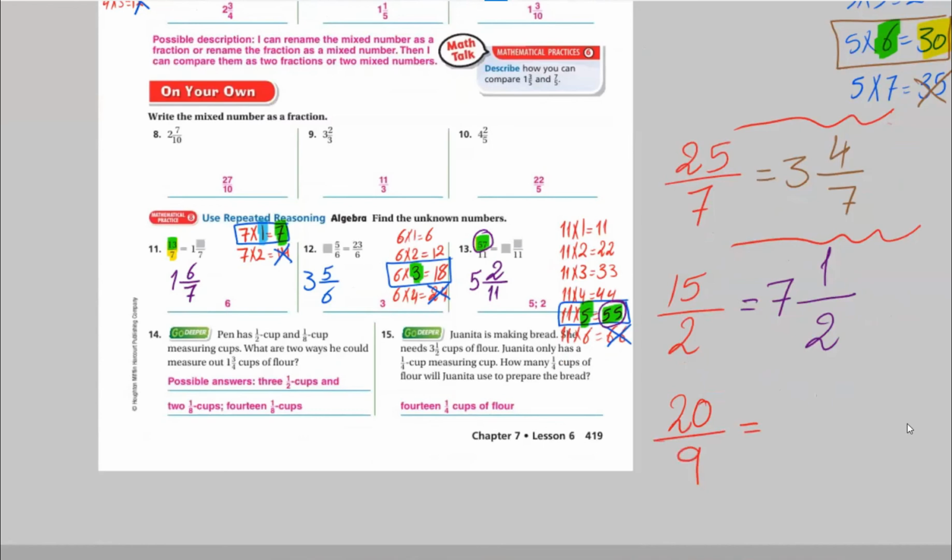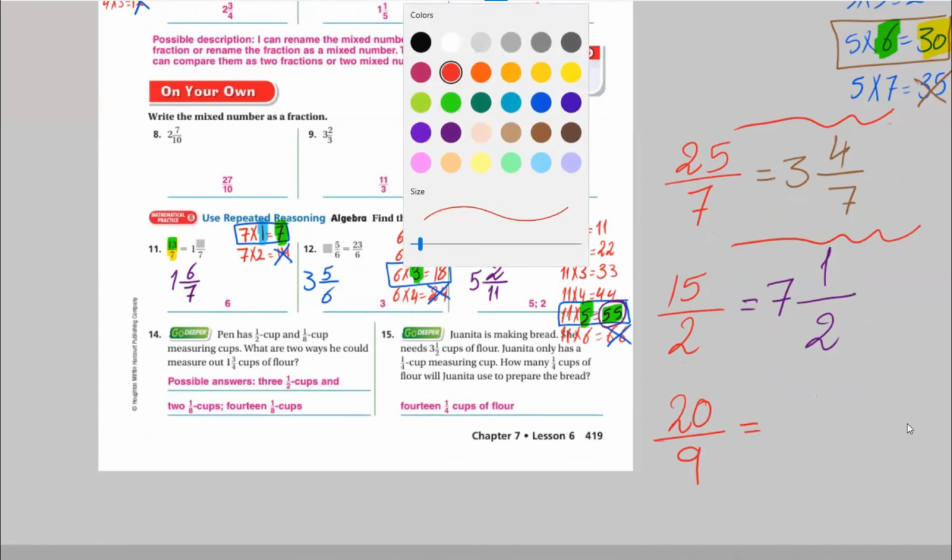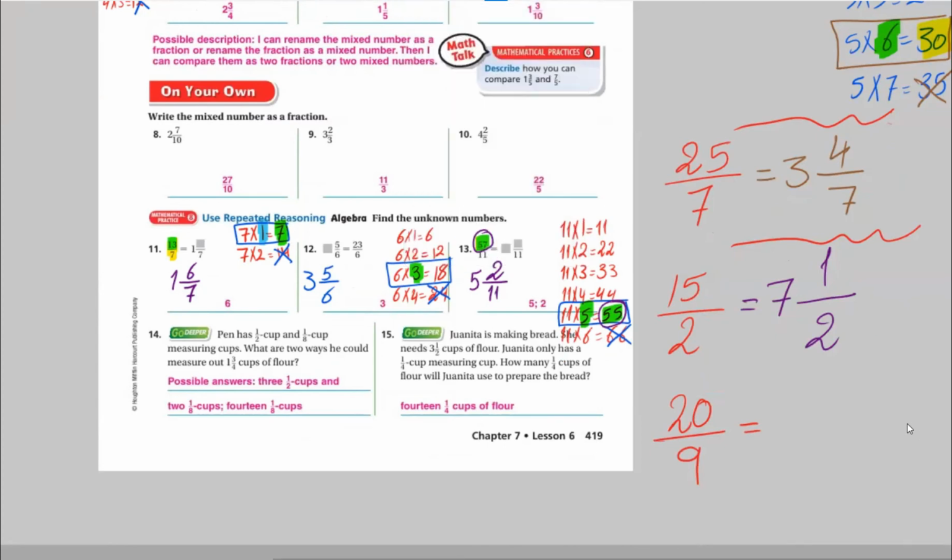Okay. So first we search the multiplication table of 9. 9 multiplied by 1 is 9. 9 multiplied by 2 is 18. 9 multiplied by 3 is 27. But that's more than 20, so we can't take 27. So we'll take 18.